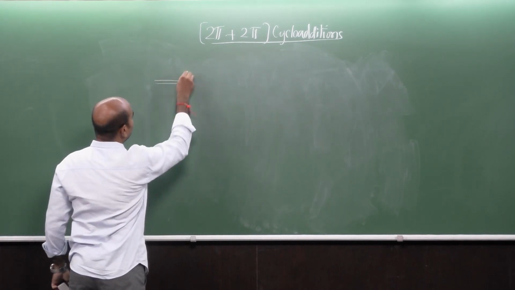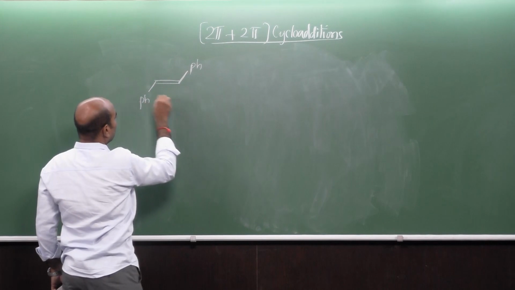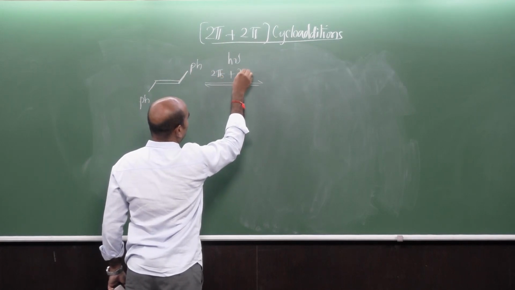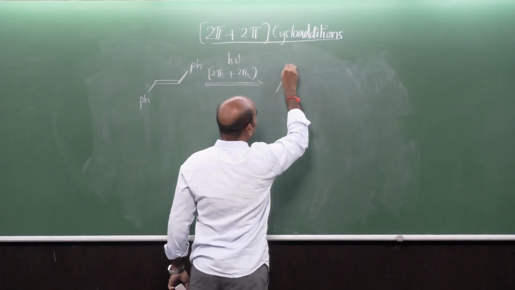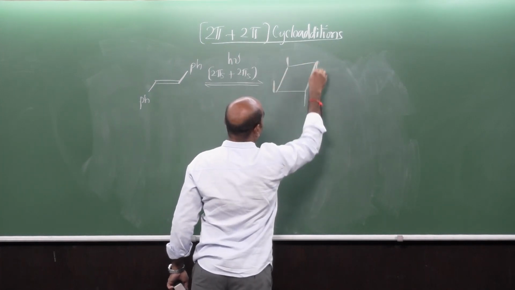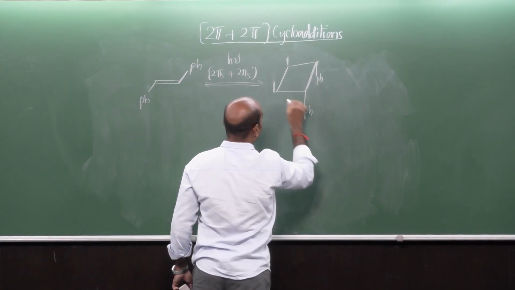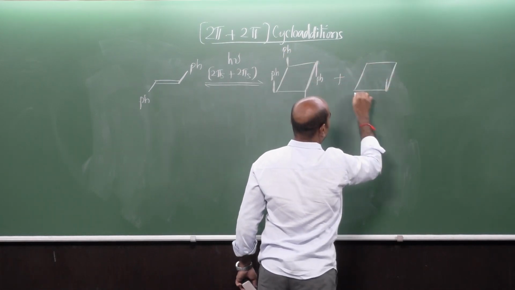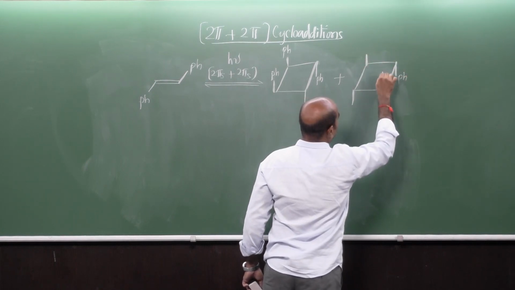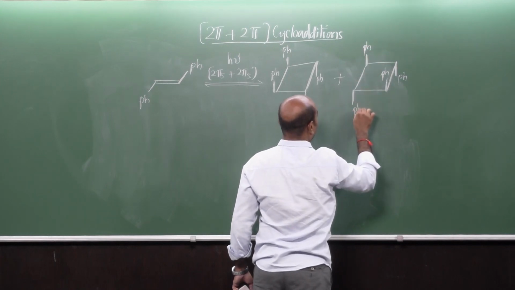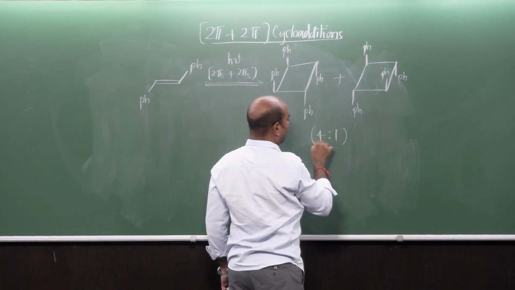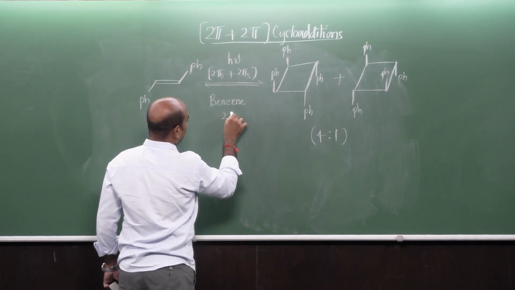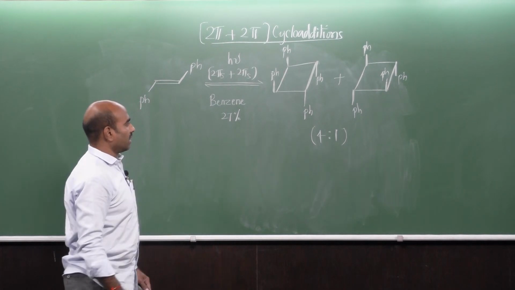So, trans stilbene on cycloaddition under photochemical condition in 2π supra plus 2π supra mode, you will be able to see two products, Ph plus H, and Ph in 4:1 ratio, and this happens in benzene at 27% of the reaction, right.